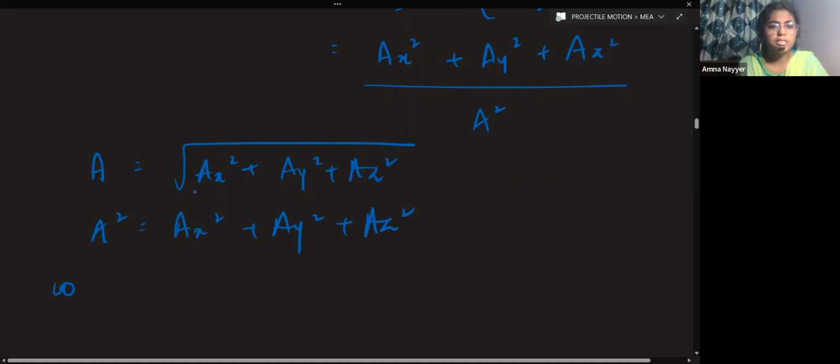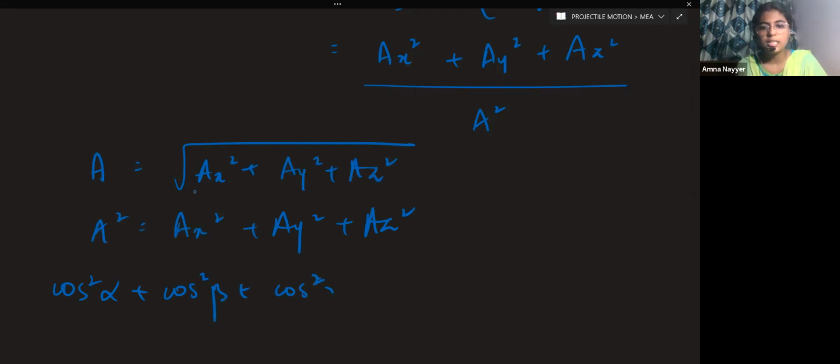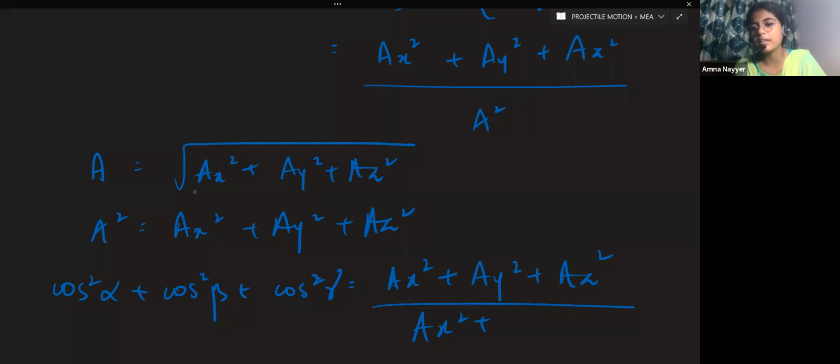So cos square alpha plus cos square beta plus cos square gamma will be what? This will be ax square plus ay square plus az square divided by a square, and a square is also ax square plus ay square plus az square.